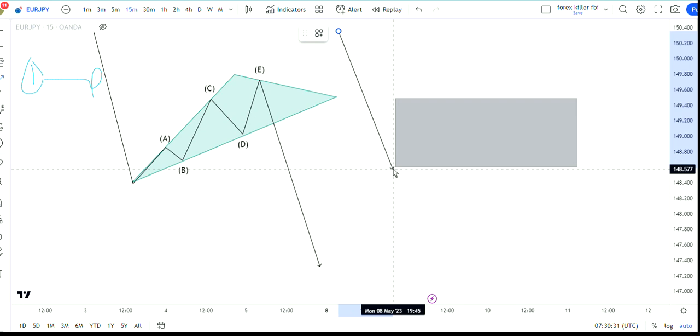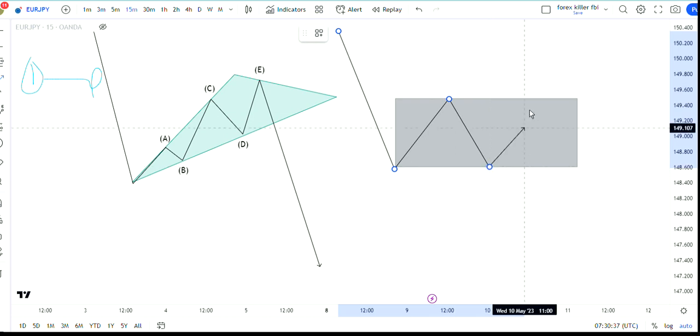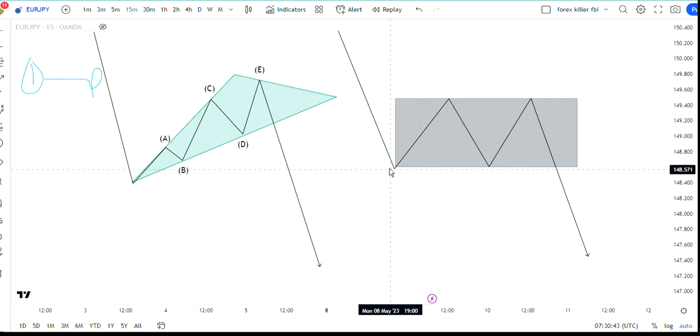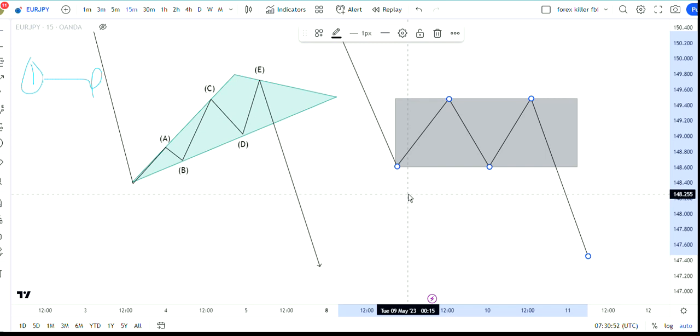Inside the rectangle we have an ABC structure, and sometimes a rectangle has the same structure as a flat correction. As we know, we have three kinds of rectangle or flat correction: the expanded flat, the normal flat, and the running flat, or running rectangle correction.